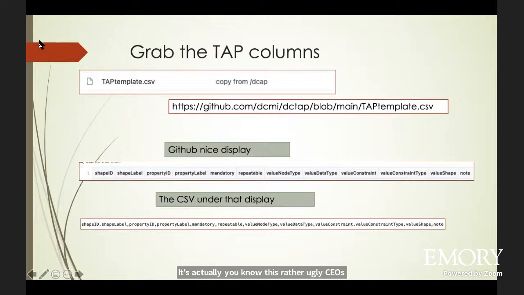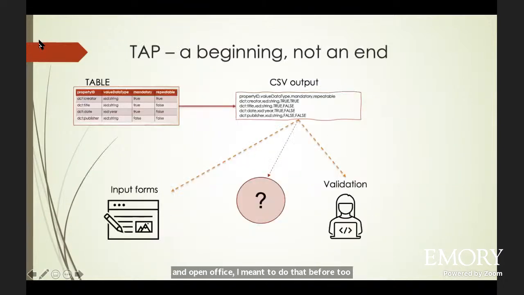And I promise that I will create in the same repo, right underneath here, ones that can go directly into Excel and OpenOffice. I meant to do that before today, but failed.